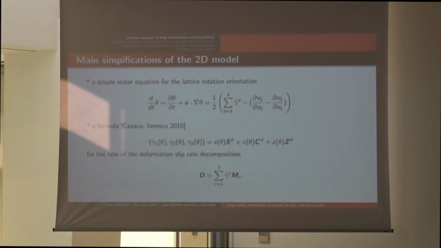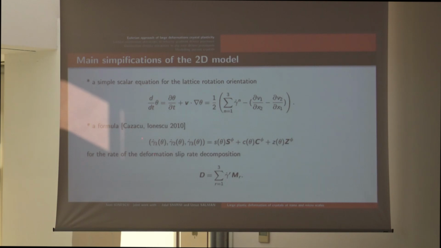What are the main simplifications? Now the whole rotation equation is written in a very simple way, as a differential equation for the angle, where we can observe the presence of the slip rates.